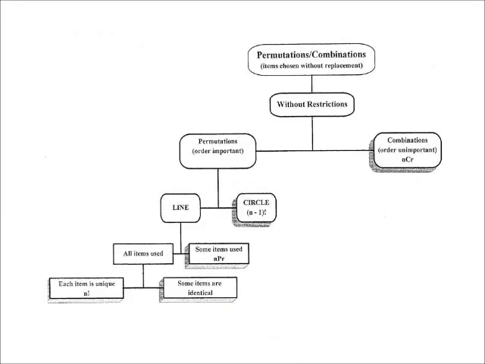It's just a little flow chart, I guess, to explain the logic behind a problem when you're looking at it, trying to narrow down what technique to use. First of all, the key thing with permutations and combinations is that it's without replacement in all these things.